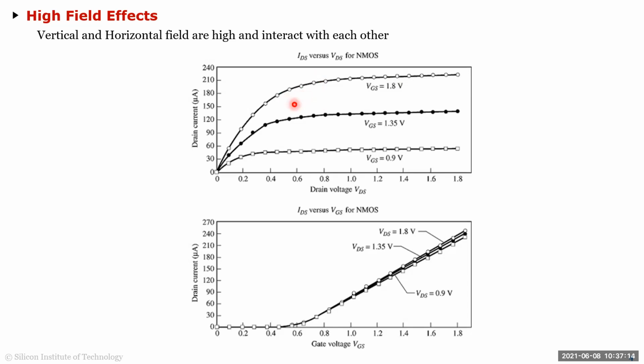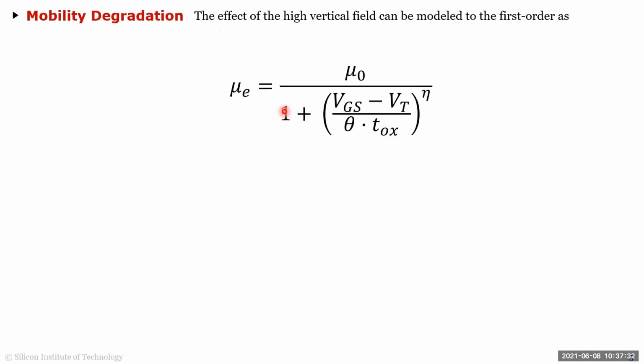So both of them result in lower current drive, or in a digital sense, your switch resistances are increasing, and so your speeds are decreasing, or your delays are increasing.